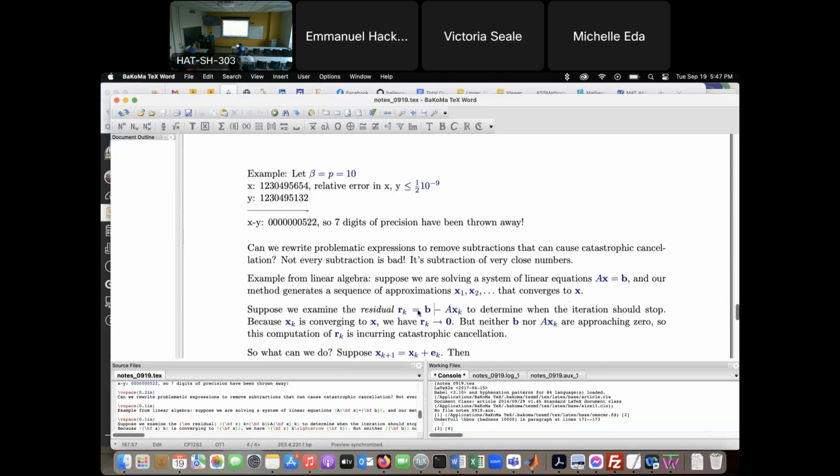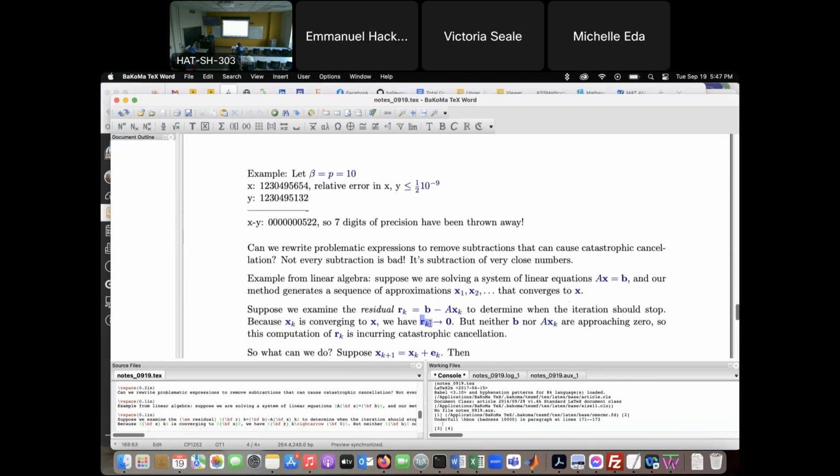Now, if xk is converging to x, then rk is converging to 0. So the idea is to keep carrying out iterations. You can examine the size of your residual and stop when it gets small enough, below some tolerance.